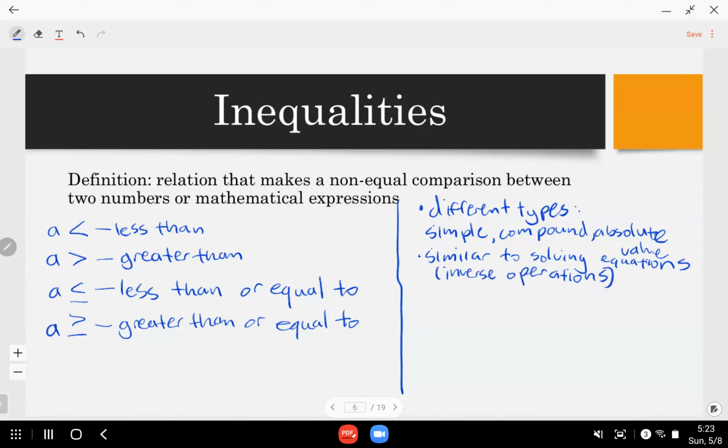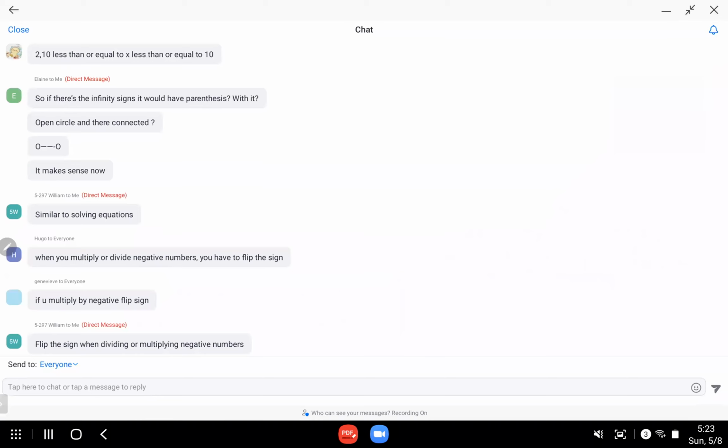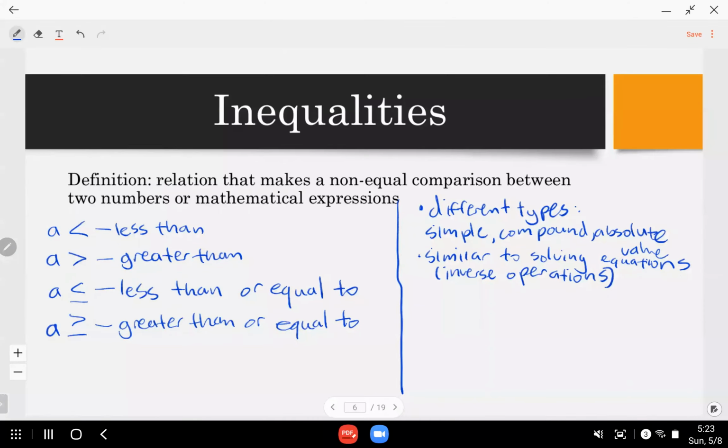So use inverse operations. And yes, if you multiply by a negative, you flip the sign. Very good, very good. You flip the sign when you multiply or divide by a negative number.